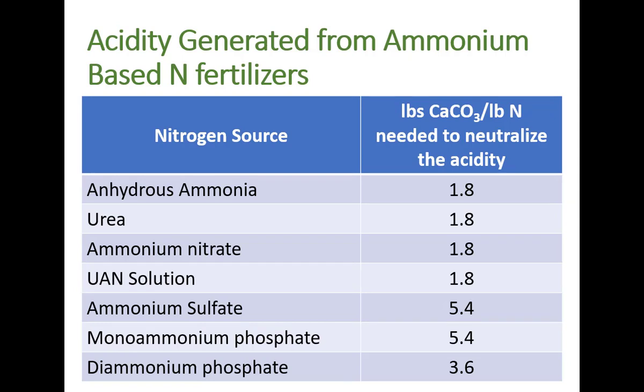These are theoretical values of how many pounds of calcium carbonate per pound of nitrogen are needed to neutralize the acidity. They are based on some assumptions about how those nitrogen fertilizers are actually used, in terms of uptake by the crop itself and what happens to them in terms of transformations in the soil. But they're good to use just as rules of thumb.